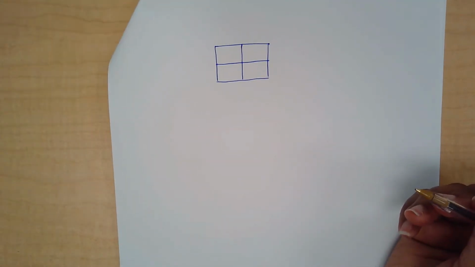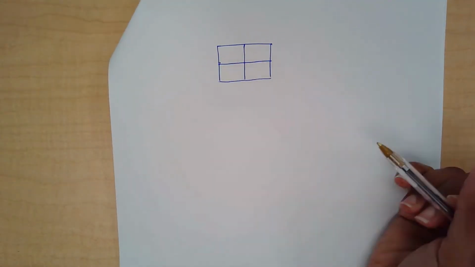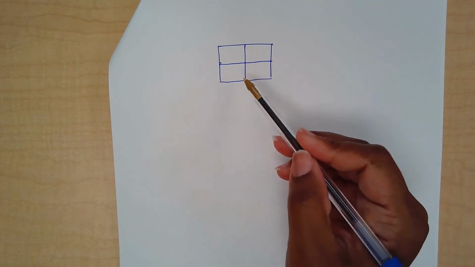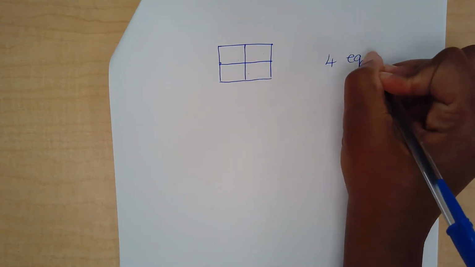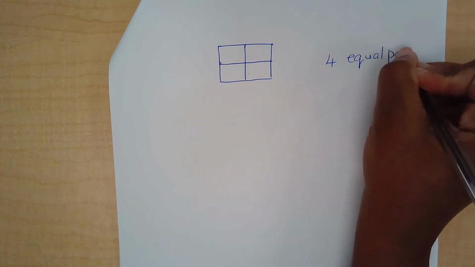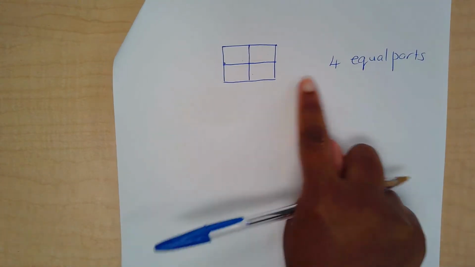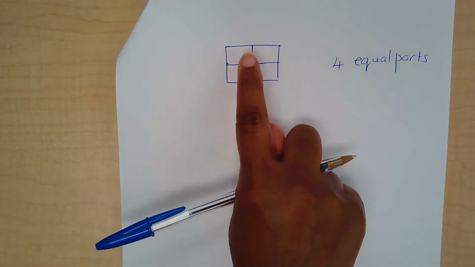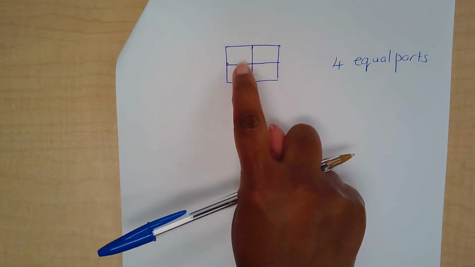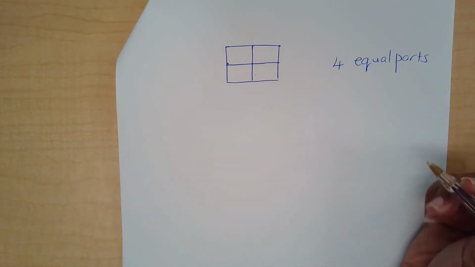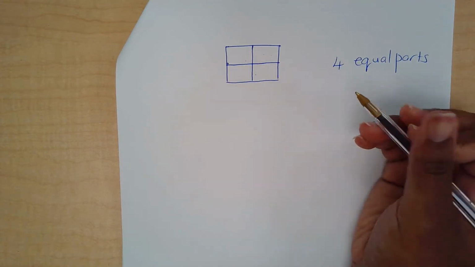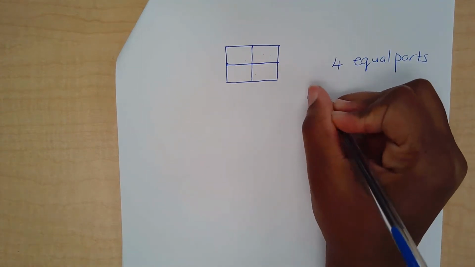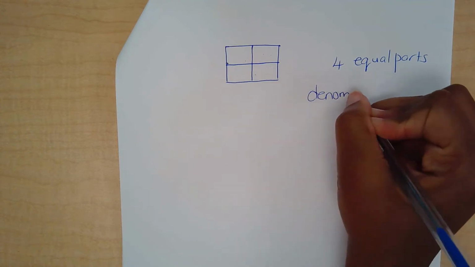And now the chocolate brownie has been divided into 4 equal parts. Why is it considered to have 4 equal parts? Well, there are 4 parts, 1, 2, 3, 4, and they are all equal.